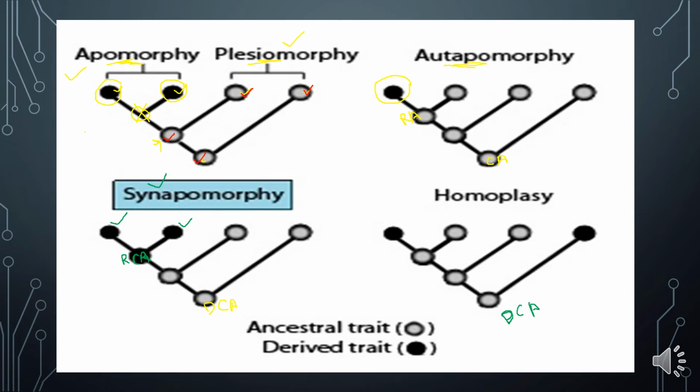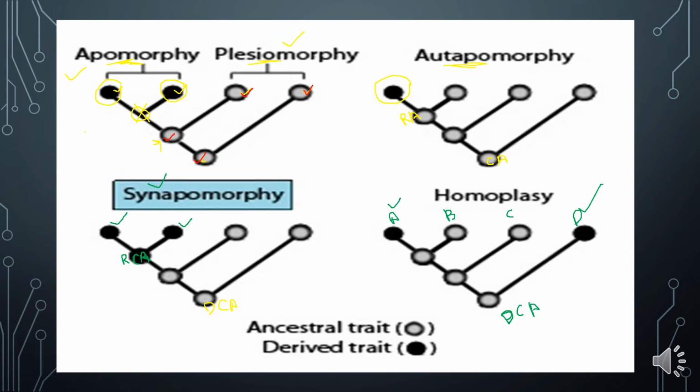The distant common ancestor has a character, and say for example this is A, this is B, this is C, and this is D. Taxa A and taxa D have the same derived character, but they do not share a recent common ancestor.